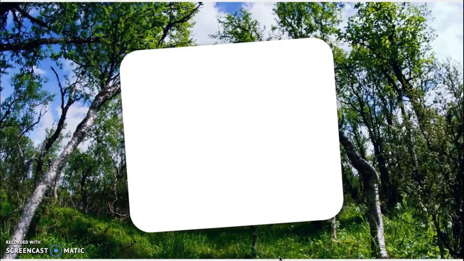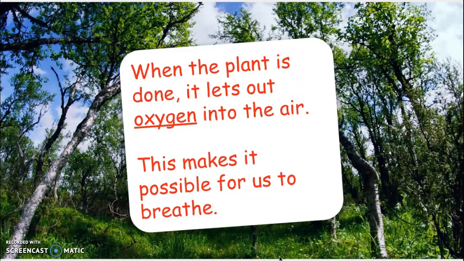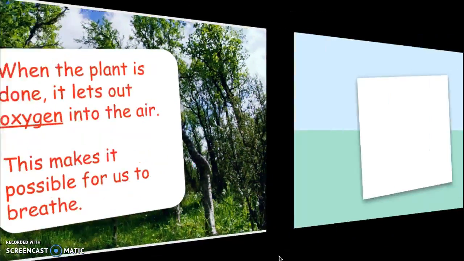Okay, so when the plant is done, it lets out oxygen into the air. What does oxygen do? Yes, that's right. Oxygen makes it possible for us to breathe. We need to breathe oxygen, right? So we breathe in the oxygen that the plant makes.